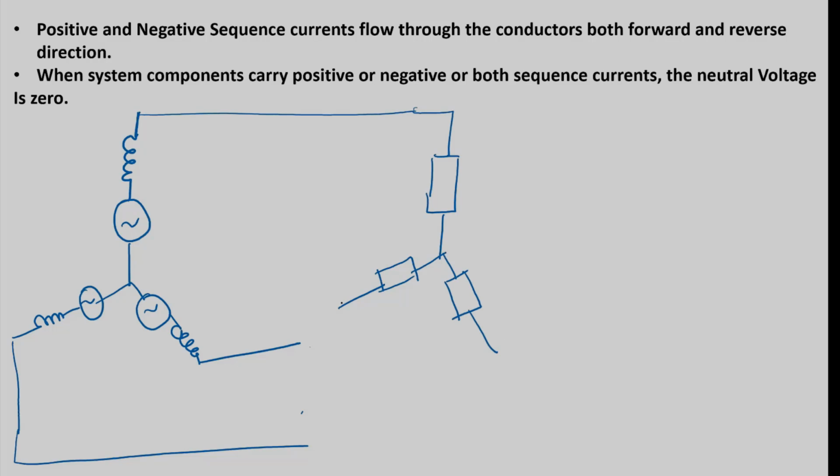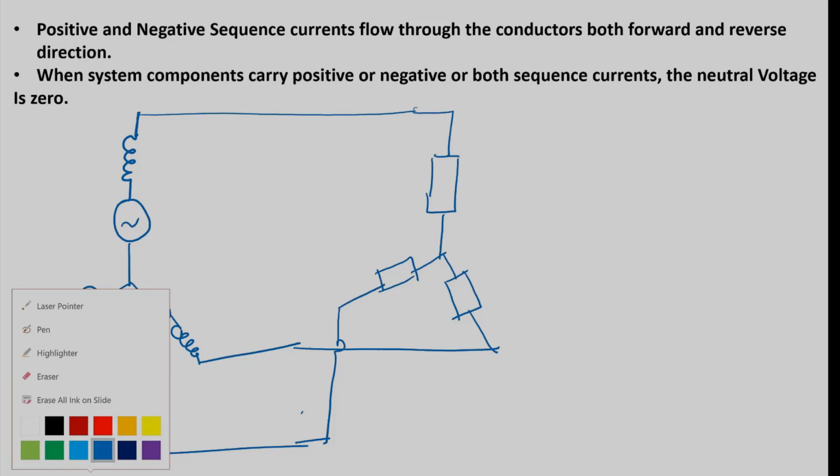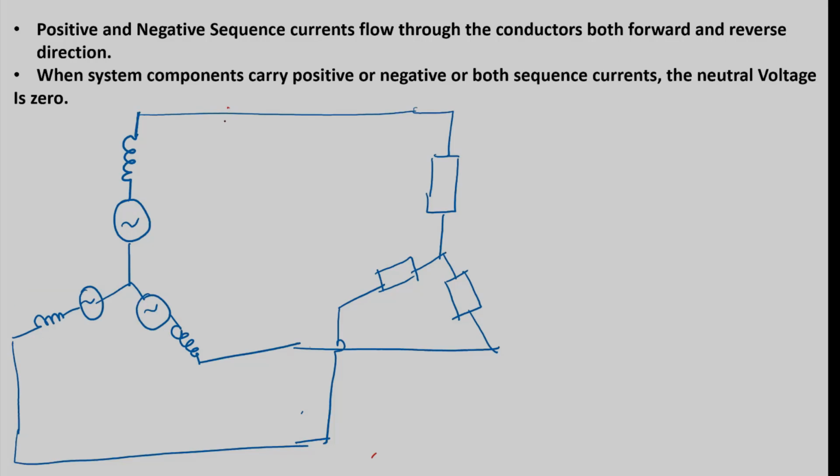The current that is flowing from the generator, say IA, IB, IC, any current that starts from the source should come back to the source.